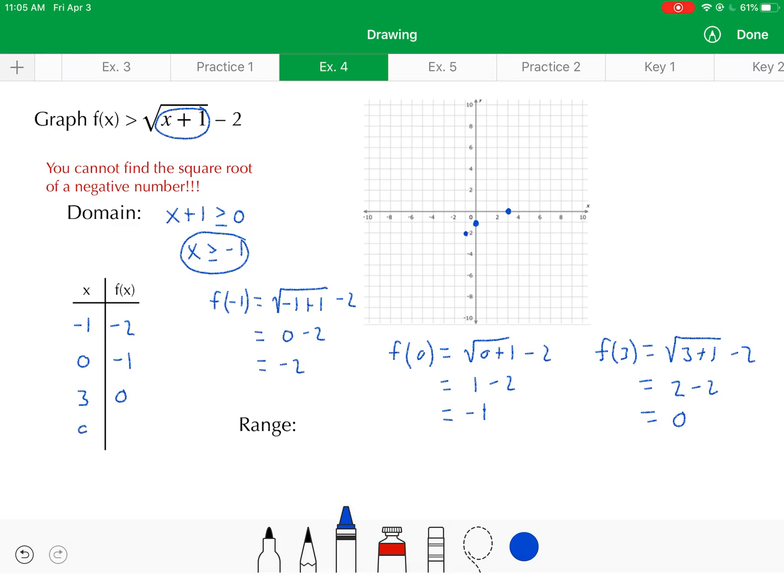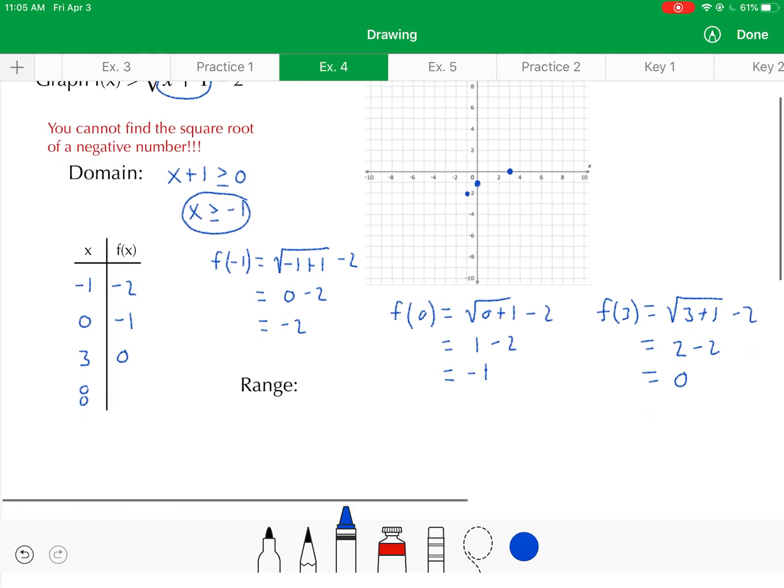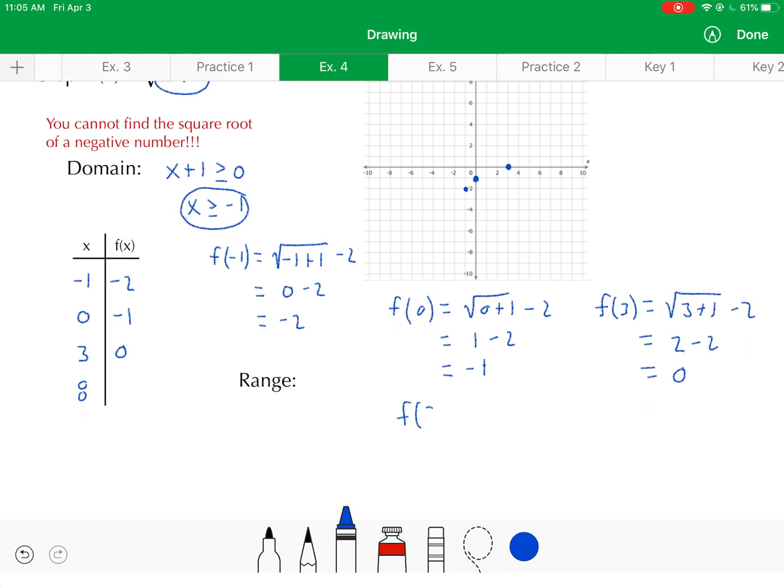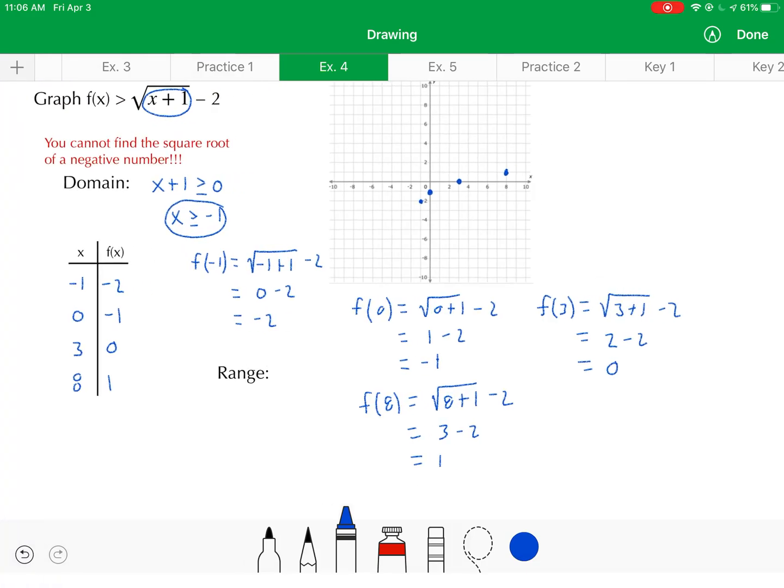Let's plug in 8 for x. So f of 8 is the square root of 8 plus 1 subtracted by 2. Square root of 8 plus 1 would be square root of 9, which is 3. 3 subtracted by 2 is, of course, 1. All right, so we got plenty of points here to form the curve.